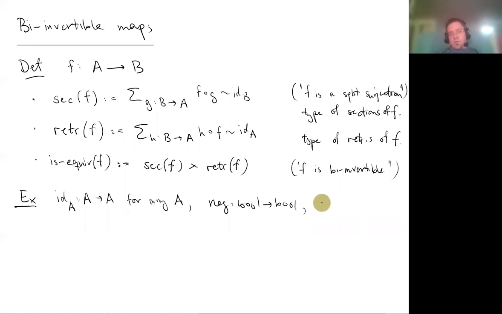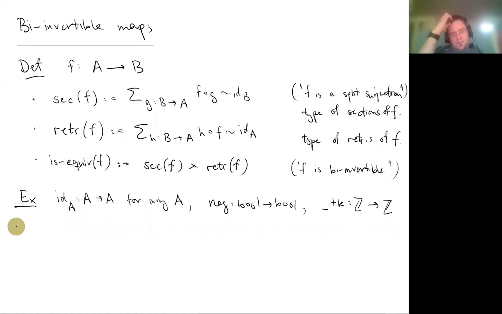As another example, you can take the function that adds a fixed integer k, and look at the map from the integers to itself that adds k. Then as the inverse, for both the section and the retraction, you can take the function that adds minus k, and because adding k and then subtracting k amounts to doing nothing, you can make homotopies to the identity.